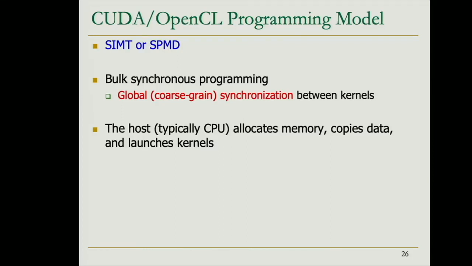And the only way to synchronize all the threads that we have running a kernel is by terminating the kernel. It's the only way of doing global synchronization. As we will see today, it is possible to do local synchronization inside a GPU core, inside a thread block, but the only way of doing global synchronization is by terminating the kernel.